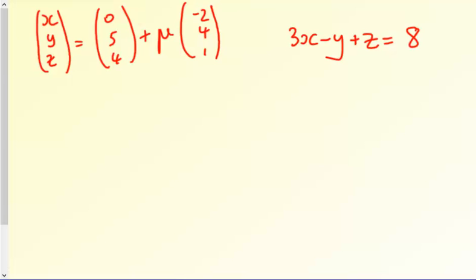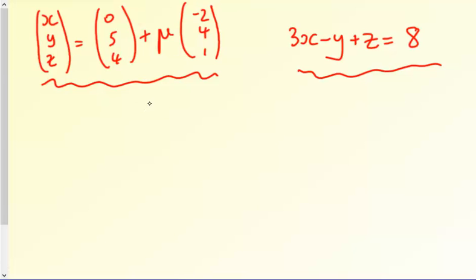So what we're going to do then is try to find the point of intersection of this line with this plane. Now if the two intersect, then that means there's a point that is common to both the line and the plane. That means for a value of mu, they will be the same.